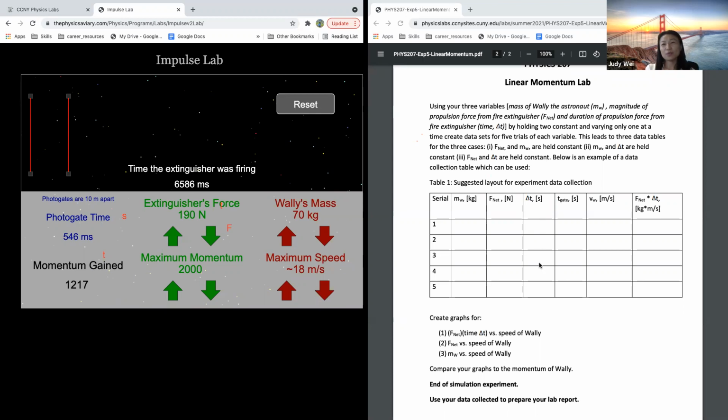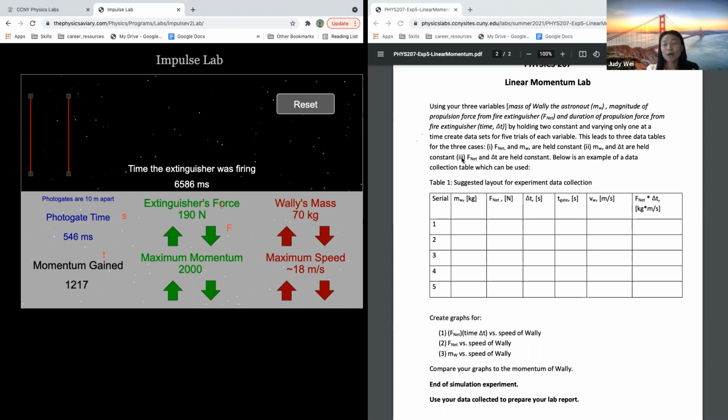Just try to keep this one around 6, or even lower. So you change your external force, and you record the T gate from the photo gates here, and write down, you can calculate the speed, and you don't have to do the last column. And then you plot a graph of F versus speed of Wally and see what kind of graph you get, and see if you can find any relationships between F and V.